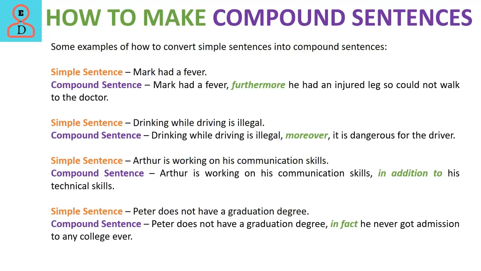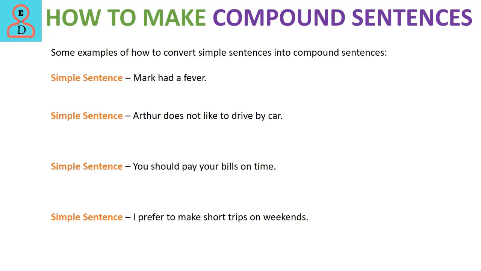Let's see some more examples of how to convert simple sentences into compound sentences. Again, we have four very simple sentences. And now we will use the words mentioned before to convert these sentences into compound sentences.